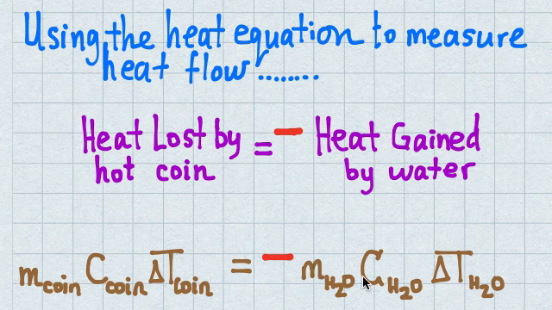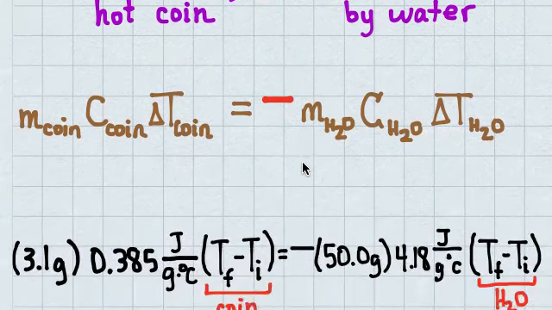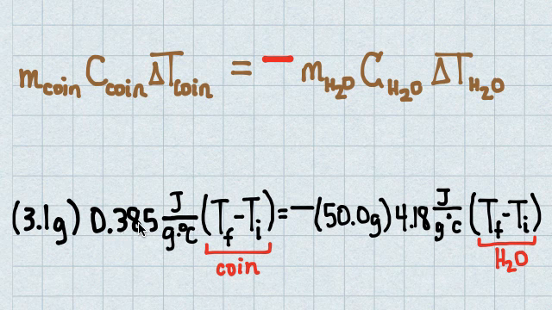The mass of the water, specific heat of the water, change in temperature of the water. The heat in kilojoules lost by the penny is equal to the heat gained by the water, except they're opposite in sign. So you've got to stick a negative in front of one of them. One of them's gaining, one of them's losing. Doesn't matter which one you stick the negative in front of, it comes out good either way. So the mass of the coin is copper, so the specific heat is 0.385-ish.